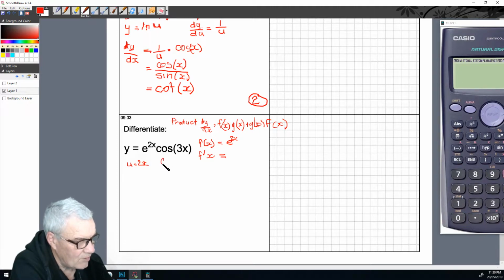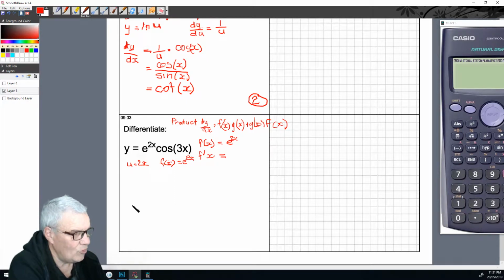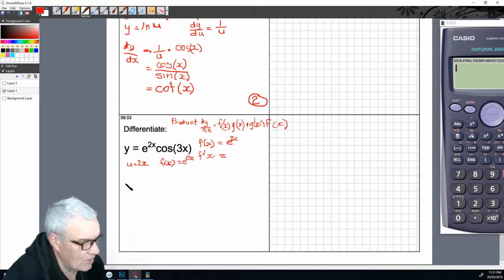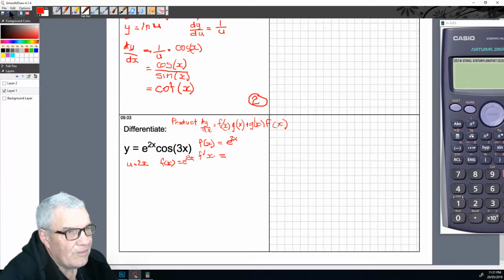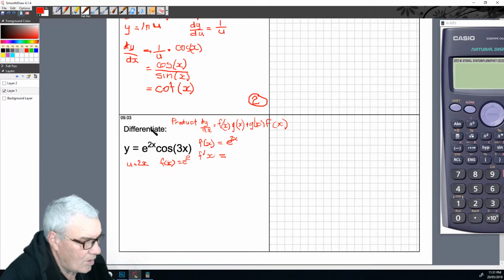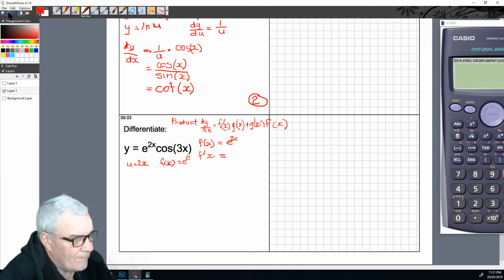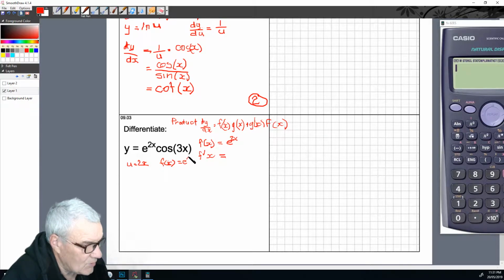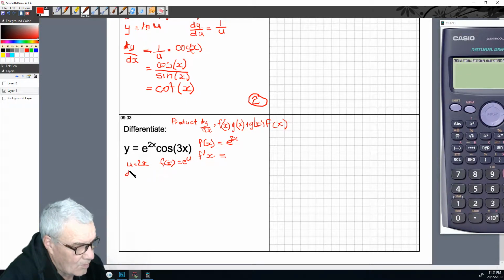Okay, u equals 2x. f of x equals e to the 2x. f of x now equals e to the u. du by dx equals 2.